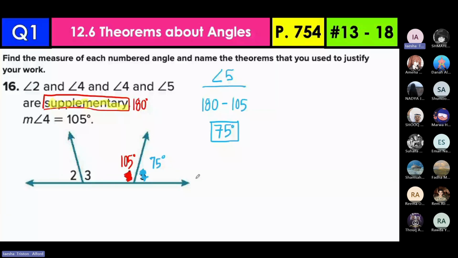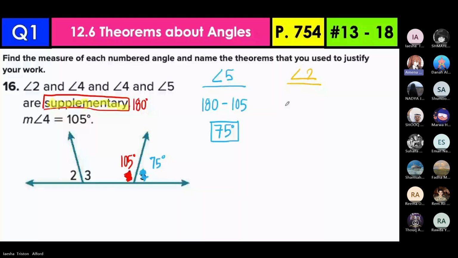Well, what else does it tell you in the writing? Angle 2 and angle 4 are also supplementary. So how can we find angle 2? They do not have to be side by side. You know supplementary means 180.